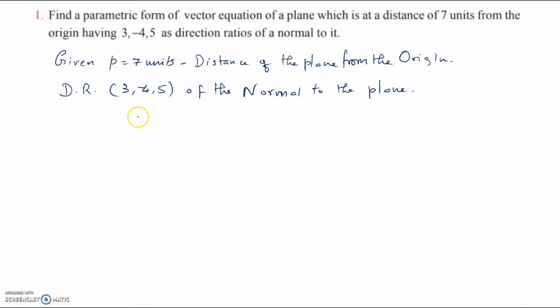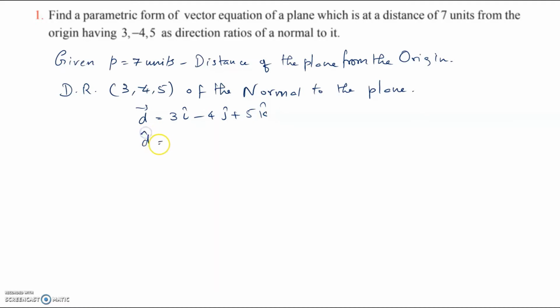So we can say that our vector D, which is a normal to the plane, can be written as 3 i cap minus 4 j cap plus 5 k cap.